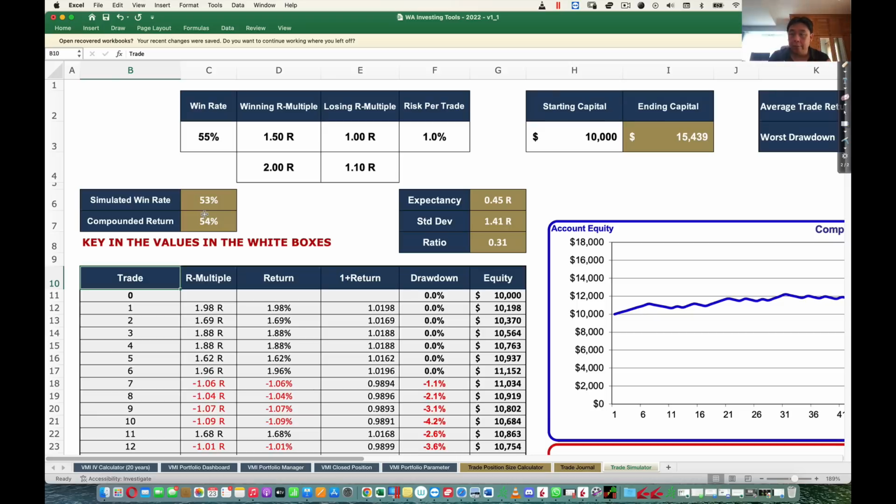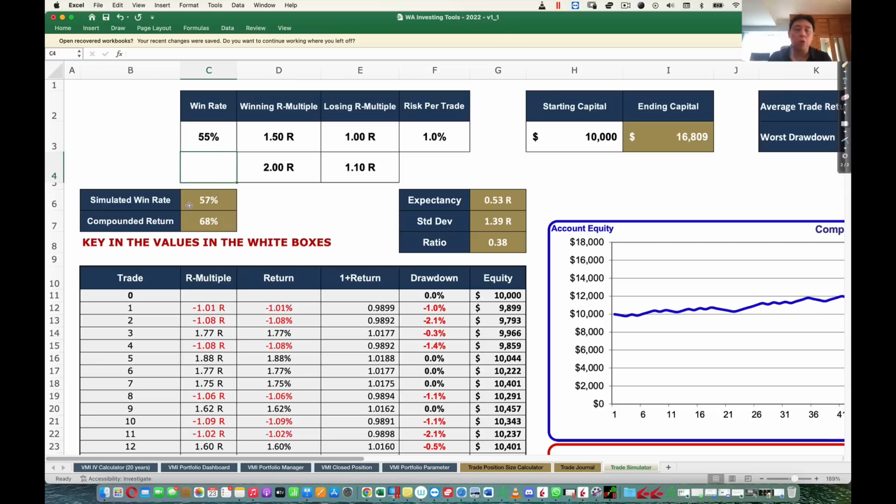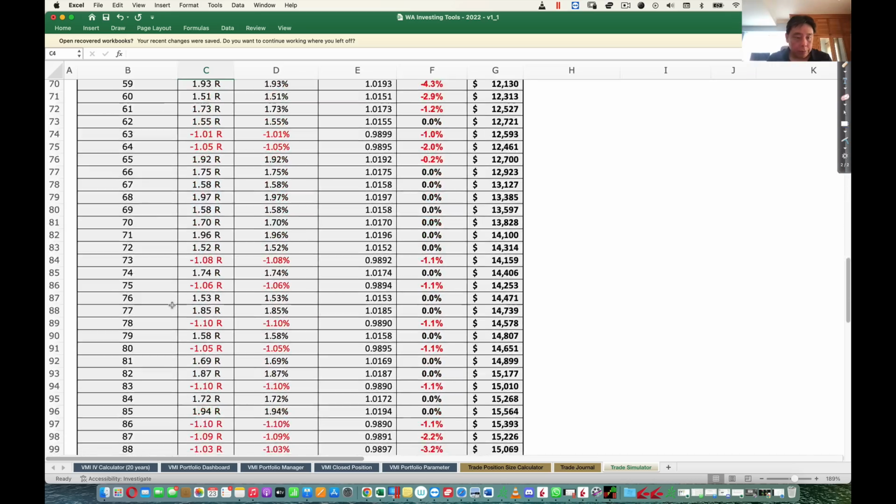But if I or someone else trades the same strategy with 100 trades, they may get 57% win rate. So it's different each time, right? So that's why it's a simulation, all right? So let's assume that you get a 55% win rate. Now, if you take 100 trades, right?